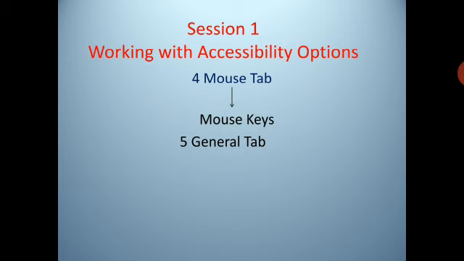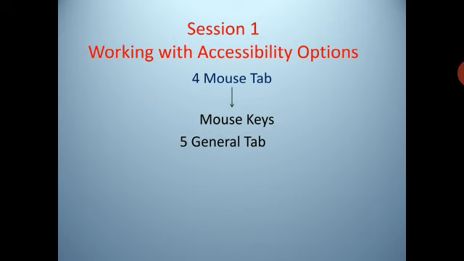This option uses the numeric keypad as a pointing device. The fifth tab of the accessibility option is General tab. This tab enables us to configure accessibility option for all users.